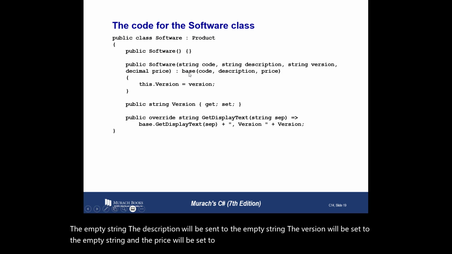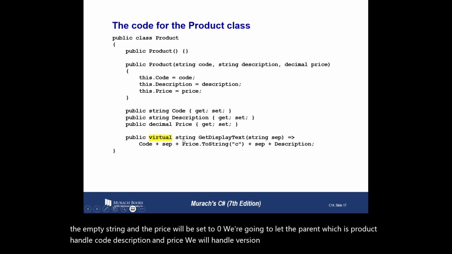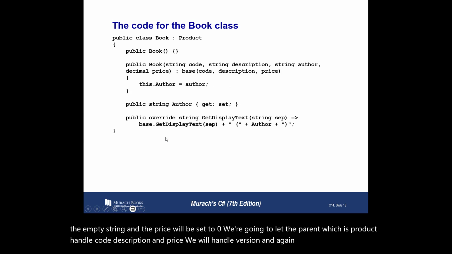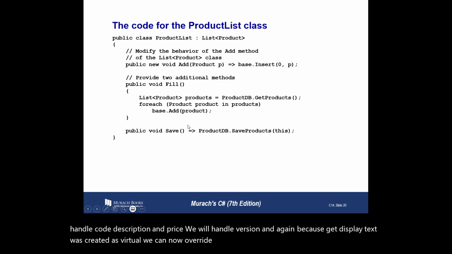We're going to let the parent, which is product, handle code, description, and price. We will handle version, and again, because getDisplayText was created as virtual, we can now override it here.